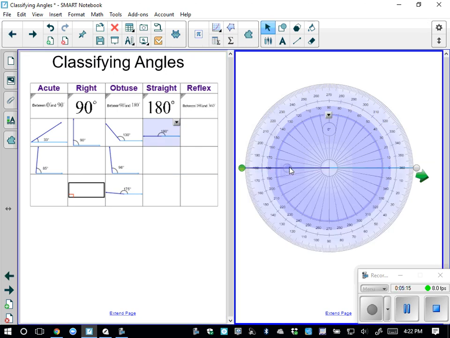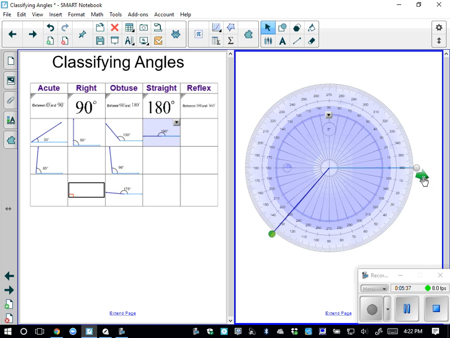Now the reflex may be new. So reflex angle is when you go beyond 180. Remember, you could go around and around and around, and every time you go around, it's a 360 rotation. But the reflex angle itself would be if you start here and go beyond the 180.